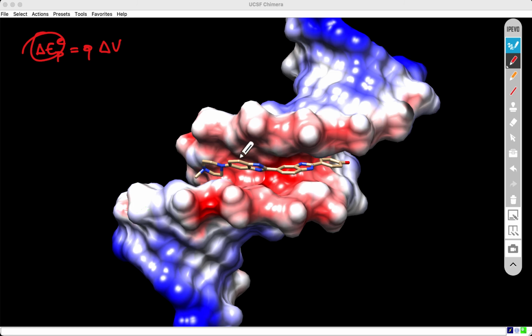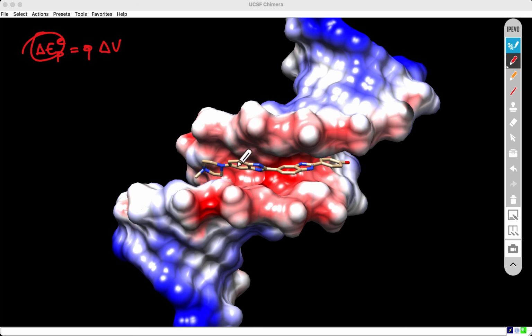Now, this is one way to think about how I can use the concept of potential when I work with biological molecules in biology. So if you want to make a really quick prediction and you know the two molecules that will interact, they have the opposite charge, one of the ways to do it is to look at the surface of your biological macromolecule and color code that surface with electrostatic potential.